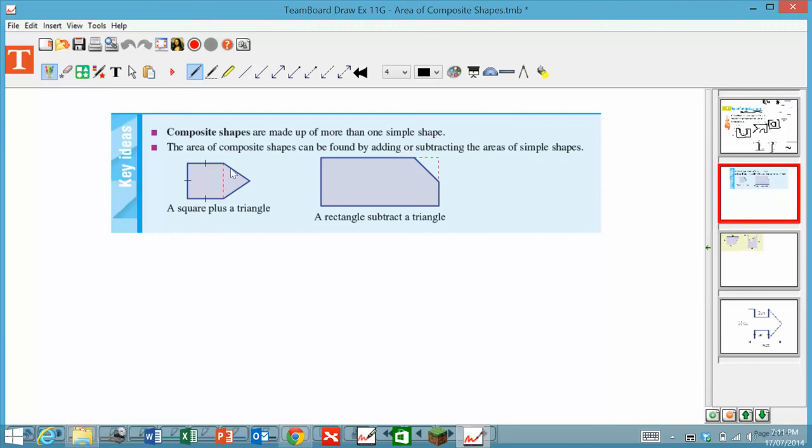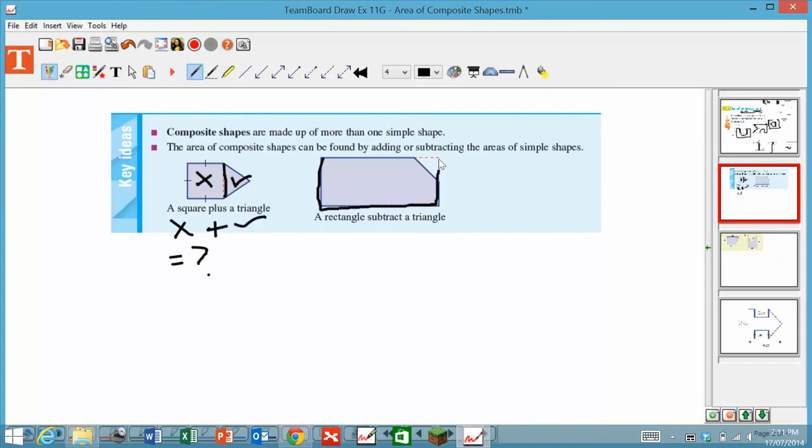If we've got this one, for example, we split it up, we've got a square and a triangle. To find the area, you'd find the area of the square, find the area of the triangle, and then add the two together. You'd find your square, your triangle, add those together, and then you'd get your final answer. This one, we've got a rectangle.